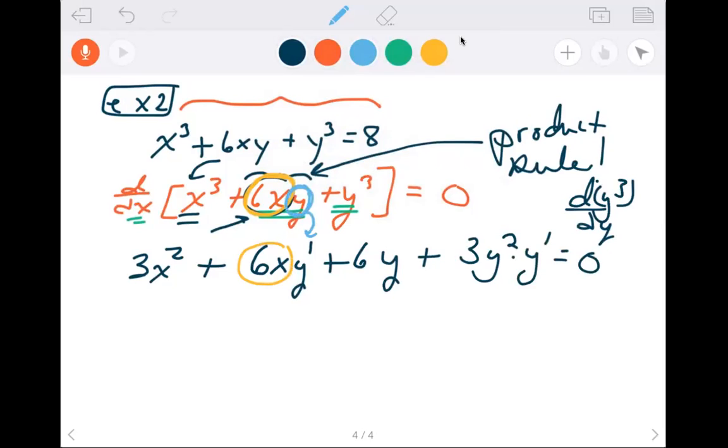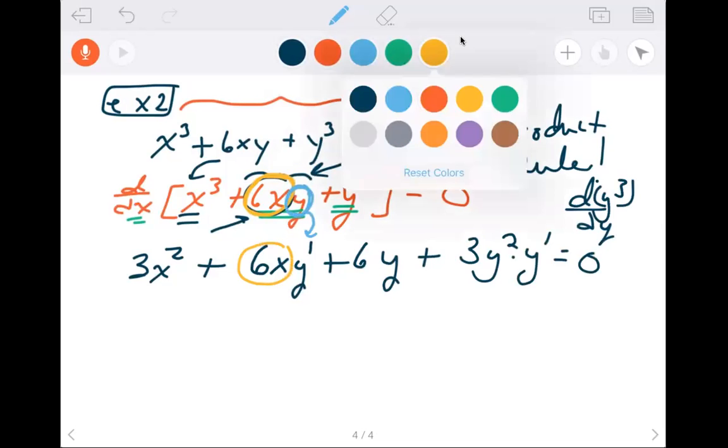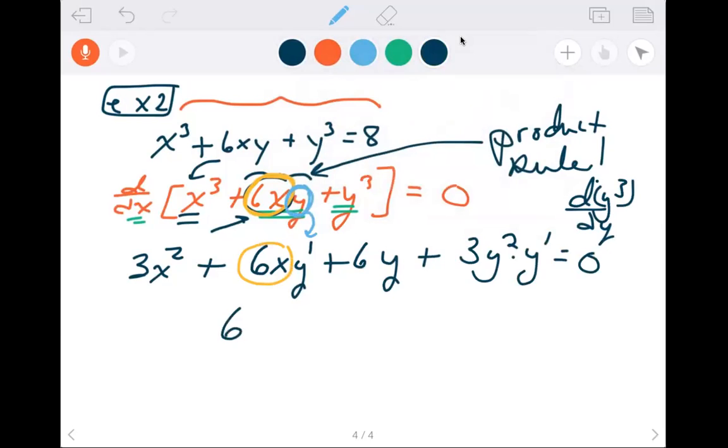What's step 3? We collect all y prime terms over on the left-hand side because I'm trying to solve for y prime. So I'll keep that 6xy prime there. I'll keep the 3y squared y prime here. But on the other side, I'm going to subtract off the 3x squared and the 6y.